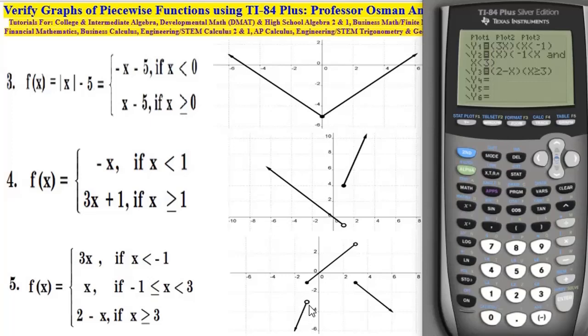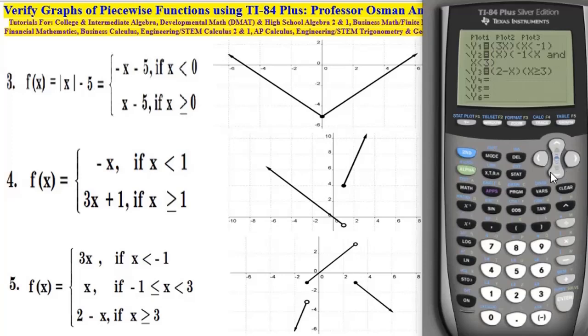Again, this hole means that this value is not included in this part of the function, which is less. It is not less or equal. Again, here it is a hole. This hole means this x value, which is 3, is not included in this part of the graph. Okay, so make sure your entries are correct.